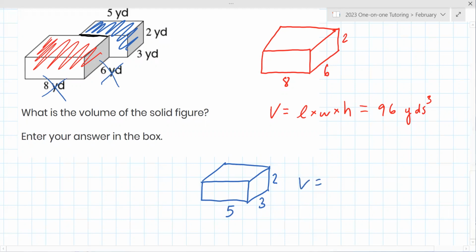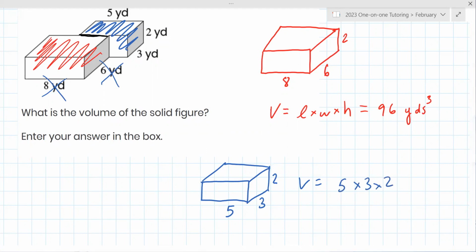Okay. So 5 times 3 is 15. Is it 20? You are multiplying 5 times 3 times 2. Is that right?